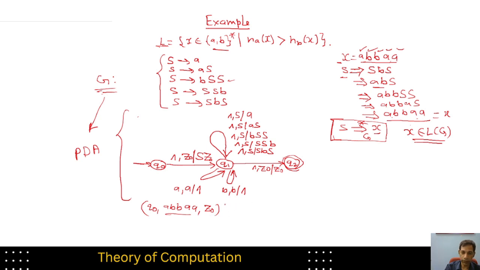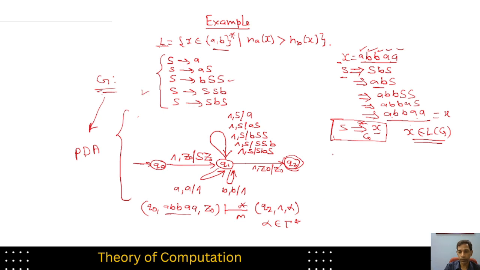Starting from this configuration, by making a sequence of moves, your machine must be able to move to the final configuration, and the final configuration of this machine is what? Q2, because Q2 is the final state, and the remaining input to be read is null, and irrespective of the contents of alpha, we don't worry about alpha. Alpha can be any string from gamma star. So this is the final configuration.